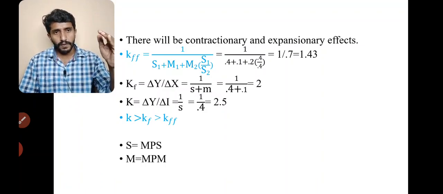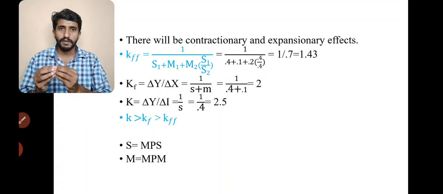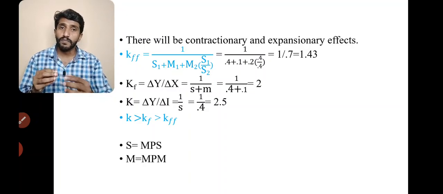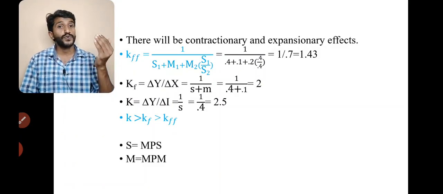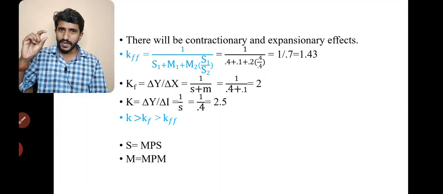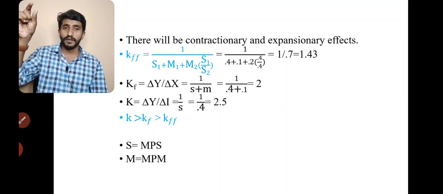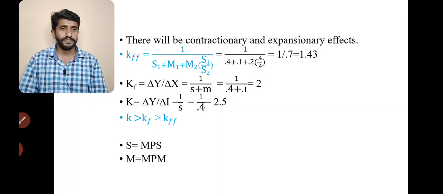In the same hypothetical case, the foreign trade multiplier without repercussions will be 1 divided by S plus M, so 1 divided by 0.4 plus 0.1, which equals 2. So the foreign trade multiplier without repercussions is higher than the one with repercussions. That is one understanding.